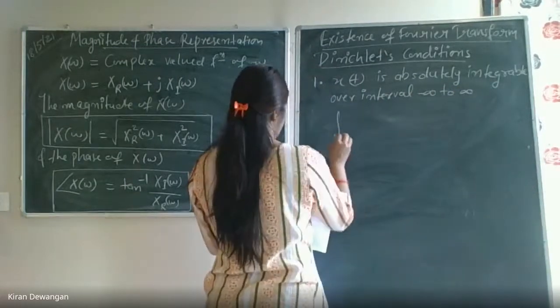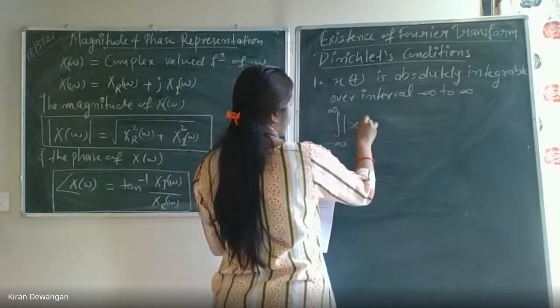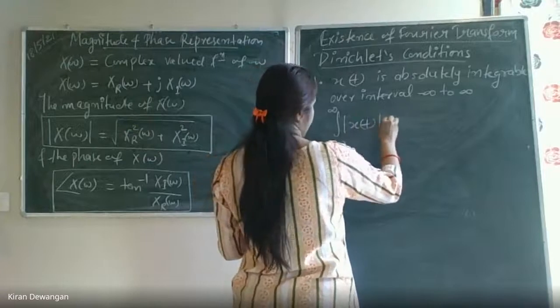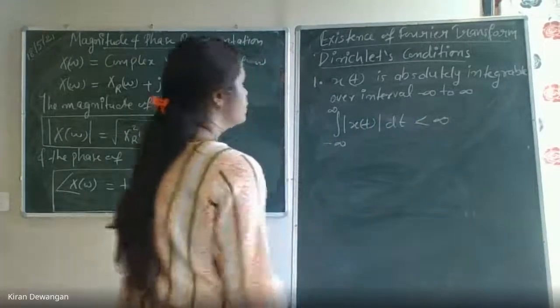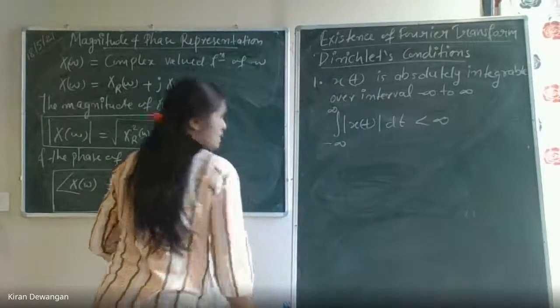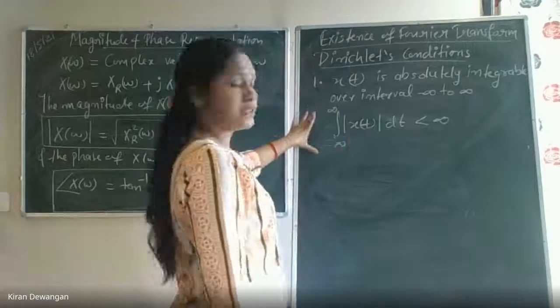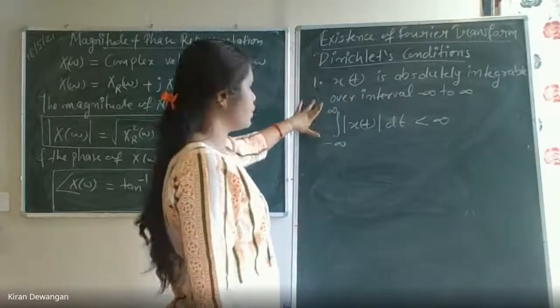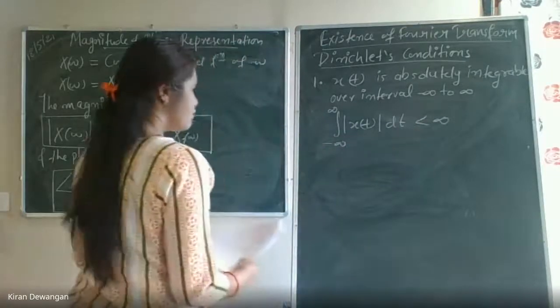That is, the integration from minus infinity to infinity of mod x(t) dt should be less than infinity. So this is the first condition: x(t) has to be absolutely integrable over the interval minus infinity to infinity.